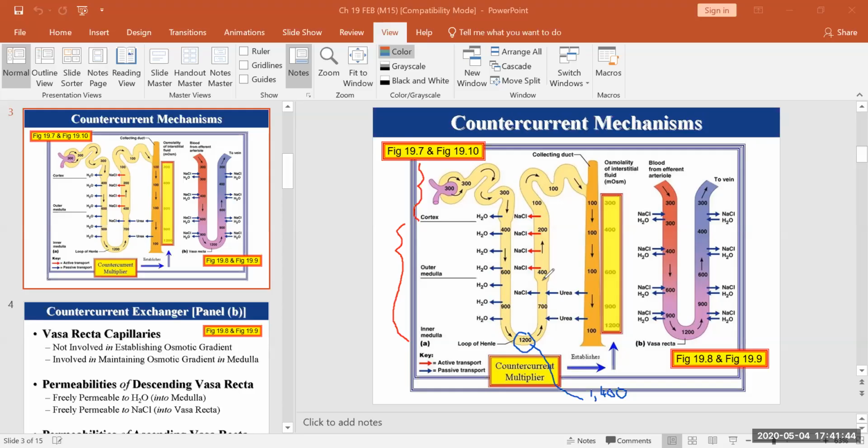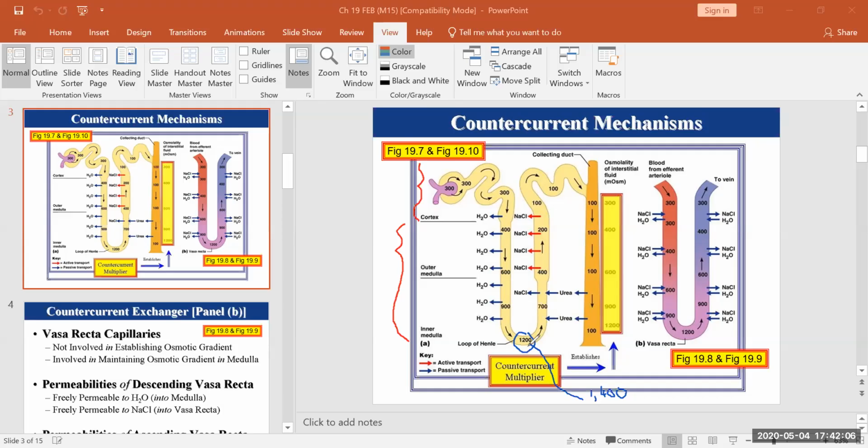However, it is actively sending out sodium, potassium, and chloride. So as the renal filtrate is moving up, that renal filtrate is losing salt. So that's why that renal filtrate is basically being diluted out again.